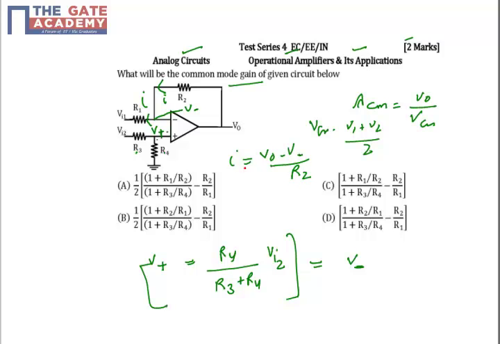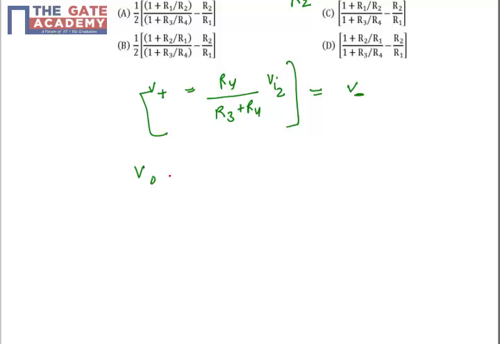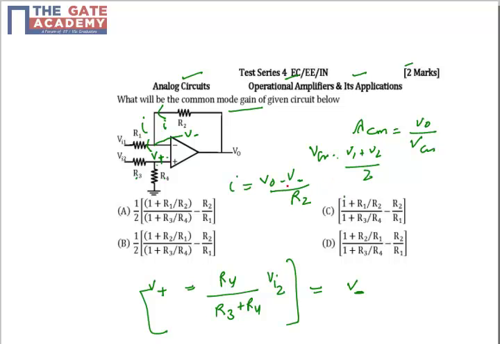We can rewrite this as V0 equals V minus plus I times R2. The same current I also flows across R1, so another expression for I is (V minus minus VI1) upon R1.